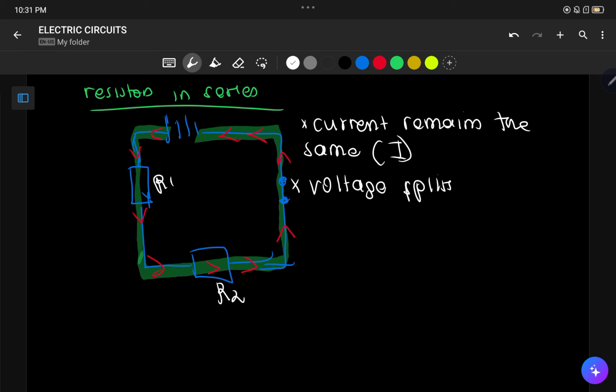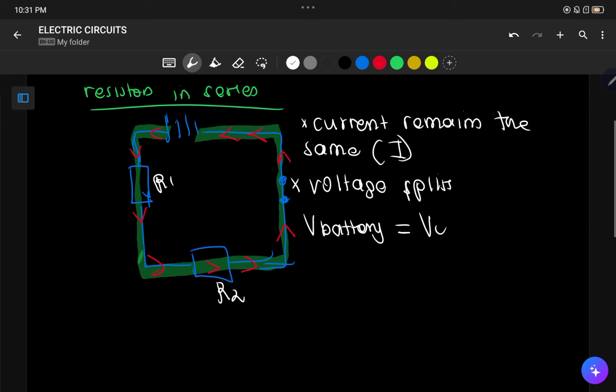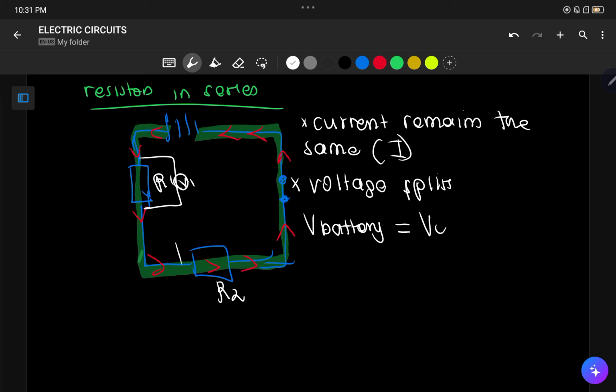That means the voltage provided by the battery is equal to V1 plus V2. That is the aspect of voltage in terms of resistors in series.